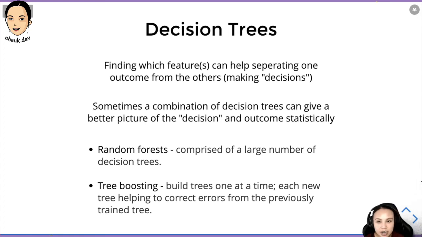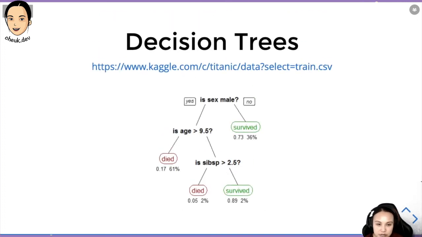So from the data you provide, a machine can build a decision tree like that. But sometimes one tree is not good enough, because you still have a lot of chances of guessing wrong. I'm sure a lot of females were not able to board the boat because they were too late or they were sleeping or things like that.